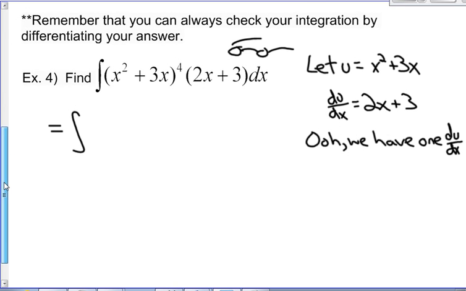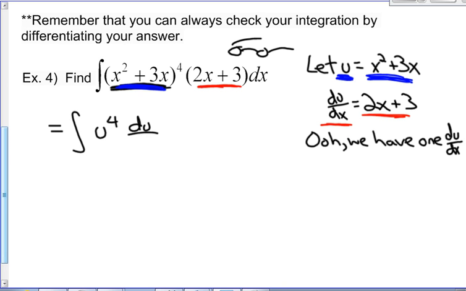Now I'm going to rewrite in terms of u. So where I saw this, I'll color code this, I can put in u. So I've got the integral of u to the fourth. Now, where I see 2x plus 3, I can put in a du by dx.